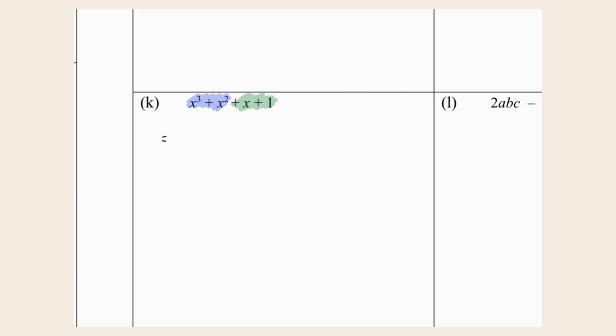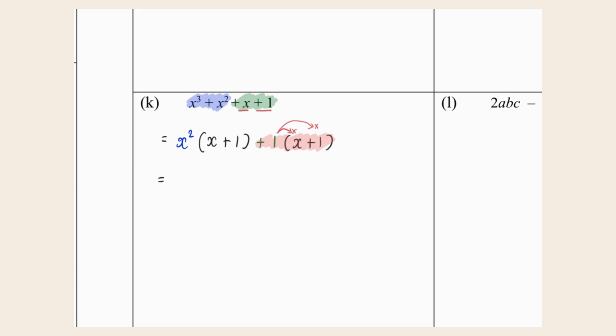Because I do see x power 2 as the common factor, and I'm left with x plus 1, and therefore here I'm going to write it as 1 times x plus 1, so that when I multiply this out, 1 times x, I will get back my positive 1x. 1 times 1, I will get back my positive 1.